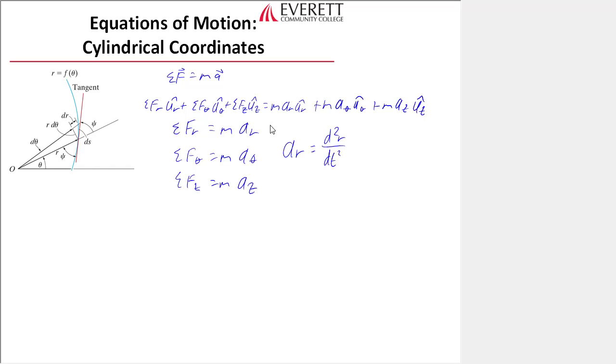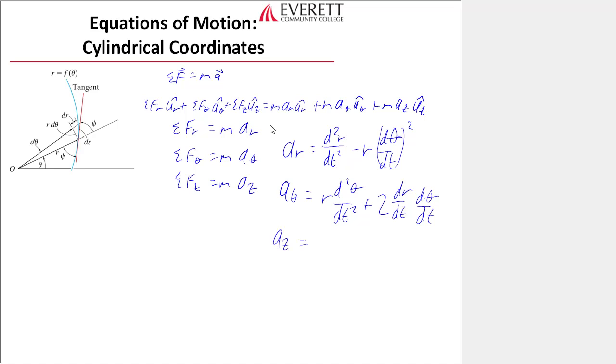Second derivative of r with respect to time minus r d theta dt squared. That's my a_r. My a_theta is r second derivative of theta with respect to time plus 2 dr dt d theta dt. And then our a_z is just the second derivative of z with respect to time.